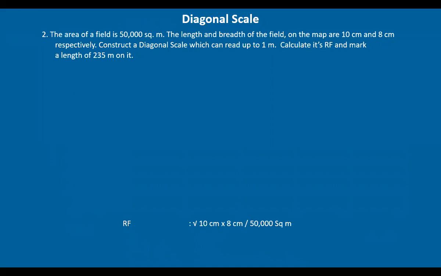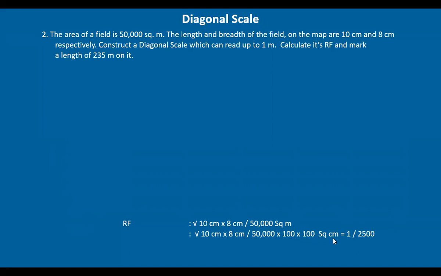So RF is calculated based on the square root of the area on the map, 10 centimeters by 8 centimeters, divided by the original area in square meters. So here, these are in centimeters, these are in square meters. So convert them into square centimeters here, because this is an area.